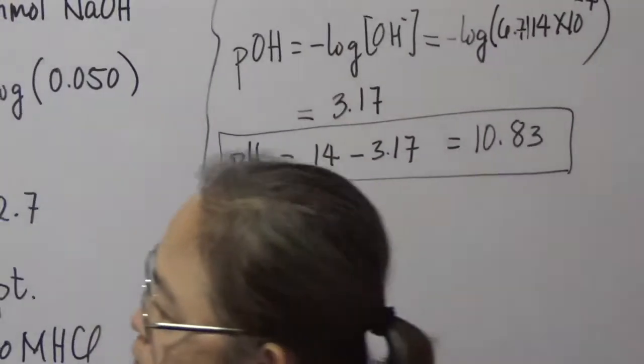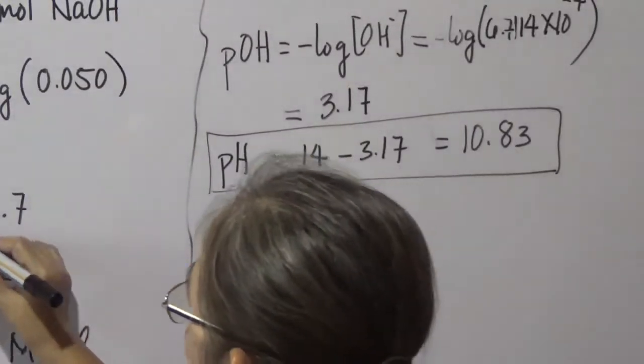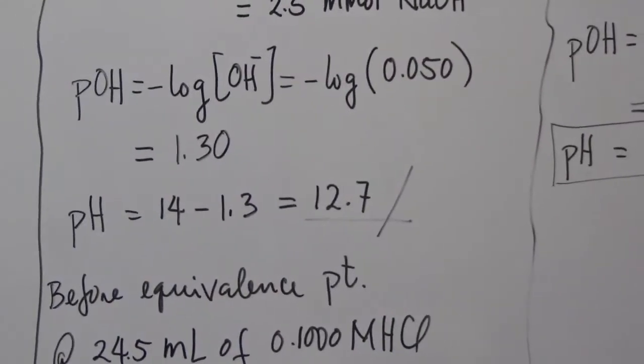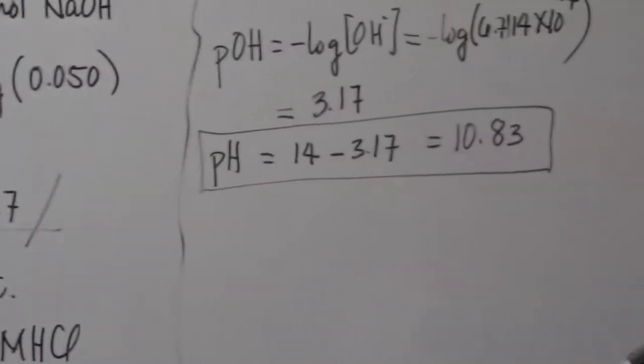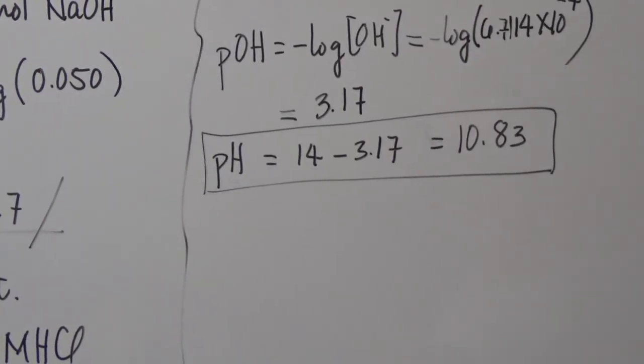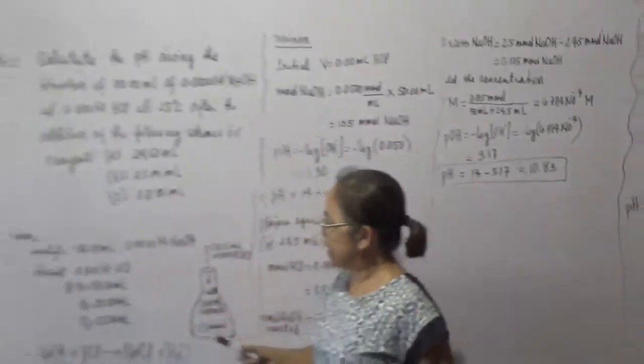Before the addition, initially, the pH is 12.7. Once hydrochloric acid is added, the pH reduces to 10.83.